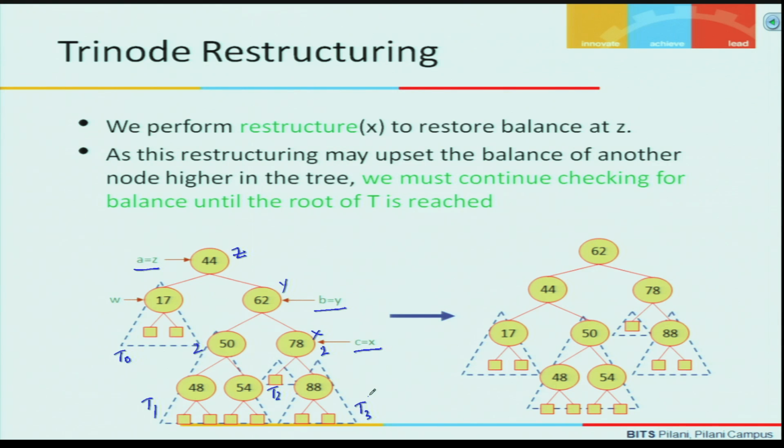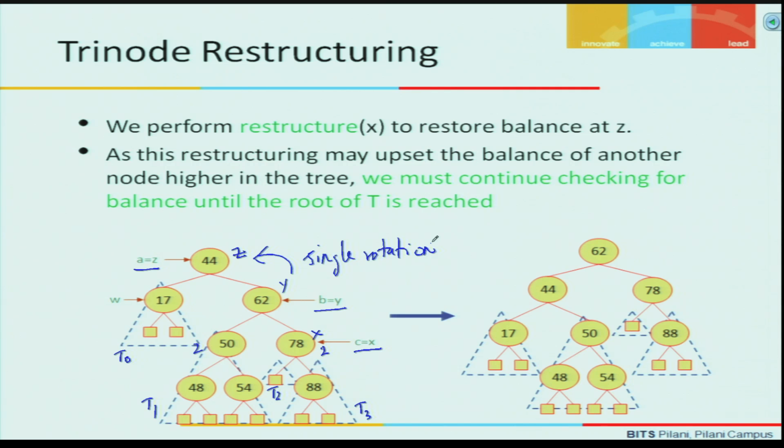So, the node which is called B will go and replace the node which is originally Z. So, we will have a single rotation, and T0, T1, T2, T3 will be restructured so that the in-order traversal of the new tree remains same as the in-order traversal of the earlier tree.